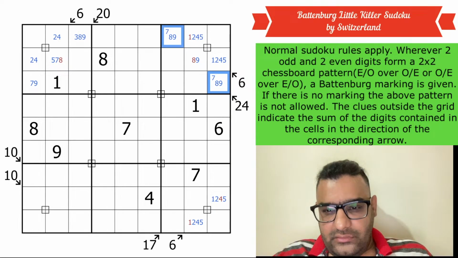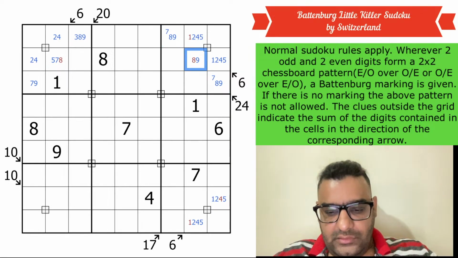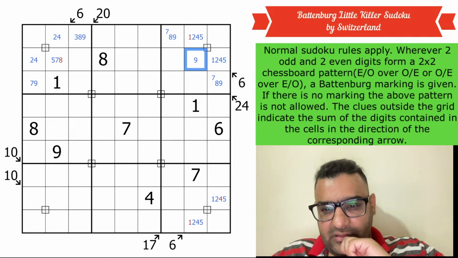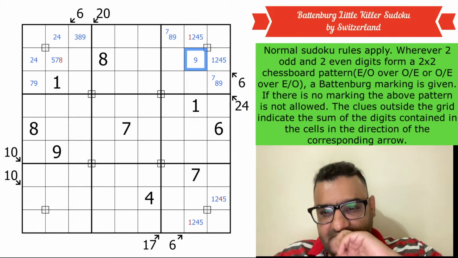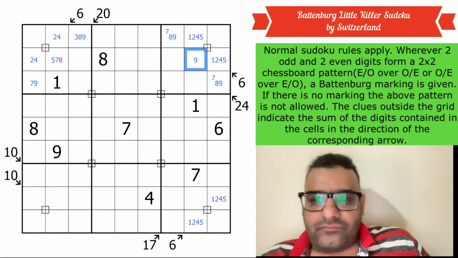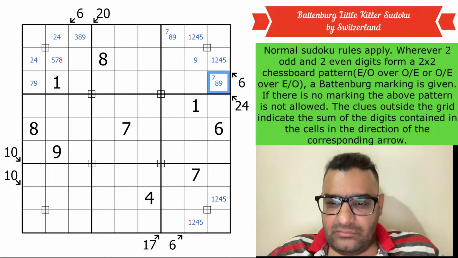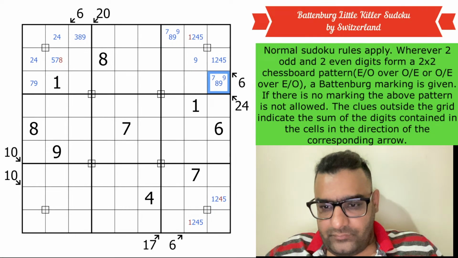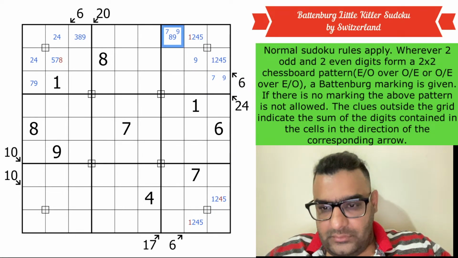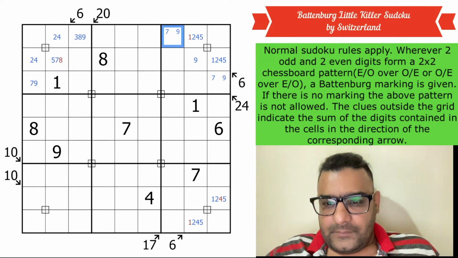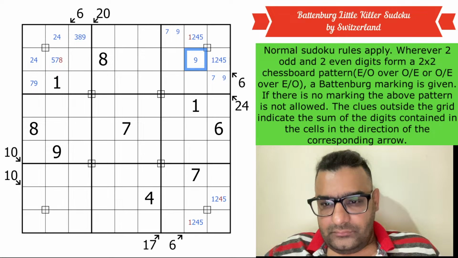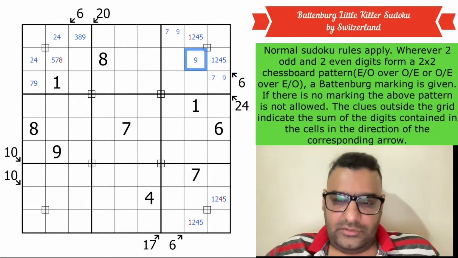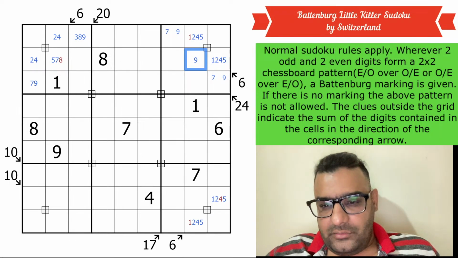So we already know 8 is not here. So if we remove 8, then this is 9. So this becomes 7 and 9. Oh, sorry, sorry. 8 cannot be here.